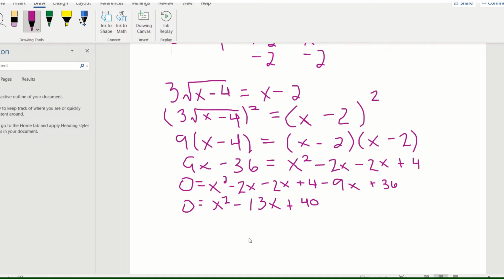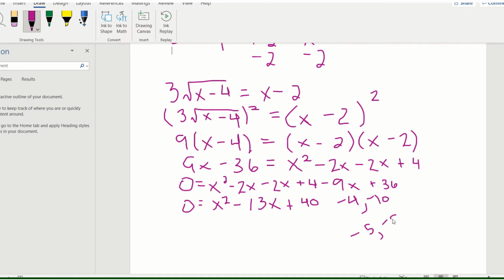Okay, now this does factor. I do see it. Let's think of factors of 40 that will add to negative 13. And really, we're going to have negative factors in order to get a negative 13. And you might think immediately of 4 and 10 as factors of 40. Or the next one you might think of is 5 and 8.